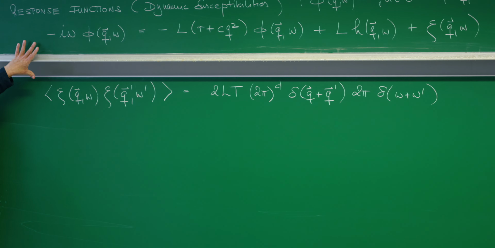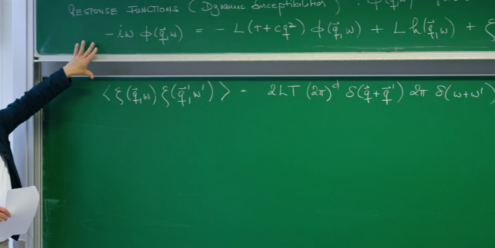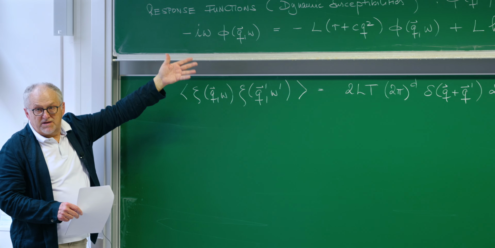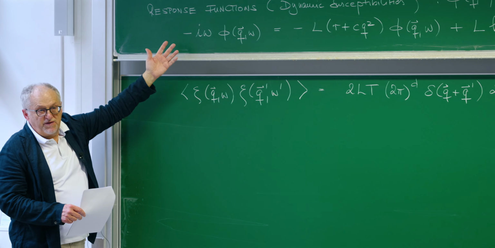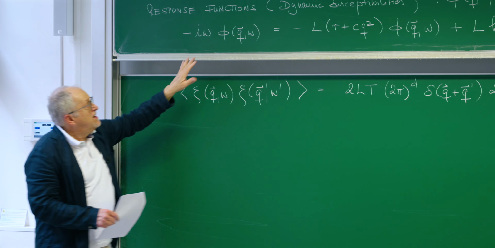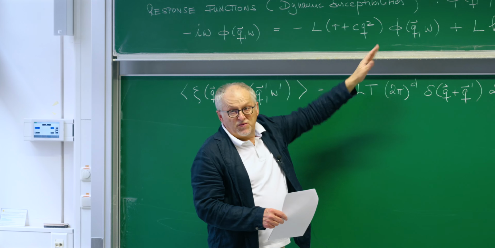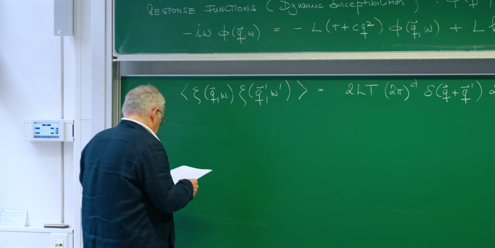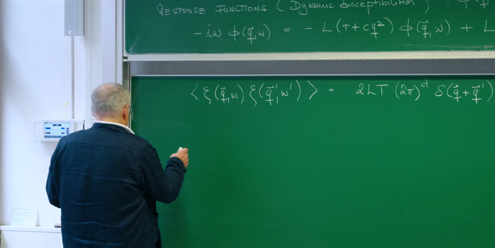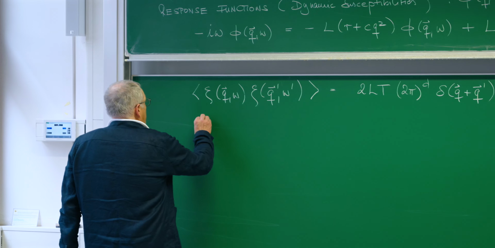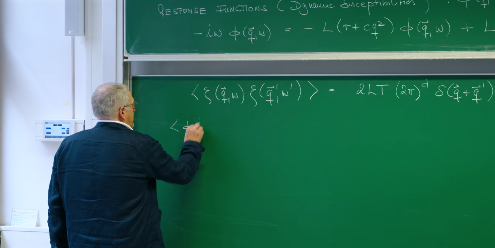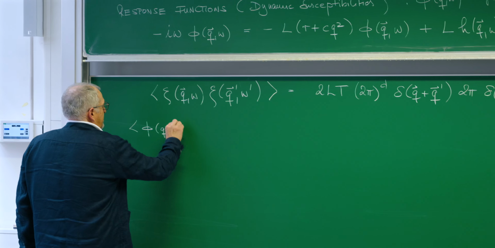Now these equations are easily solved because now it's all just algebraic equations. There's no differential operator here anymore. And I can just collect terms on one side of the equation. So for example, I can collect all the terms of phi on one side.